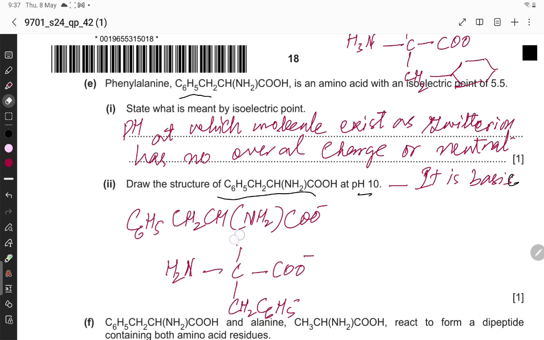Or in other words, you can draw it like this: CH2, C6H5, and this is H. You can draw it like this or like this.